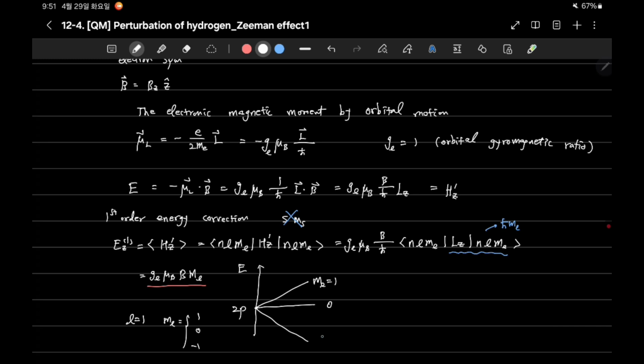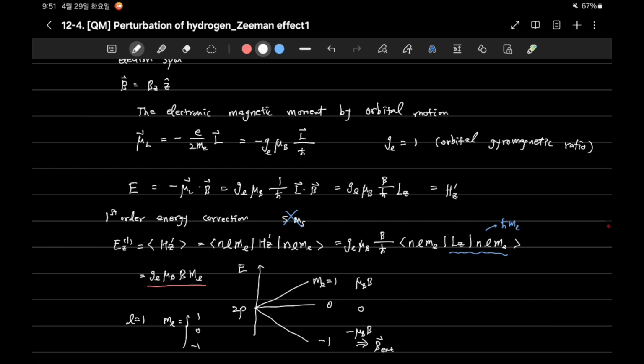For these cases, applying an external magnetic field makes the energy split like this. With g_L equal to 1, the energies are mu_B B, 0, and minus mu_B B. It is split like this, and we call it the normal Zeeman effect.